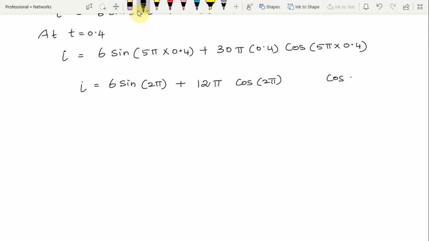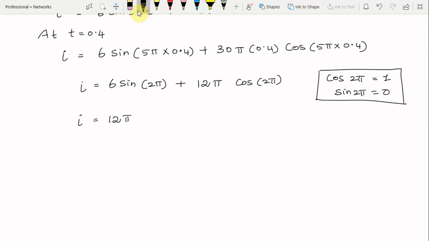We know that cos 2π is equal to 1 and sin 2π is equal to 0. So applying this, we get I is equal to 12π, which is 37.7 amps. This is the value of current when the given amount of charge is flowing for 0.4 seconds.